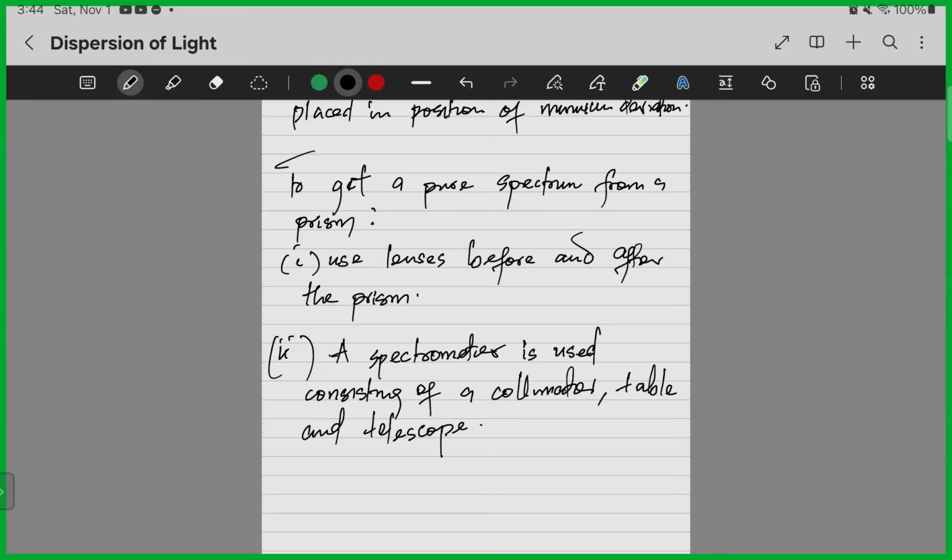Sorry, I think I almost got distracted there. A spectrometer is used, consisting of a collimator, table, and telescope.